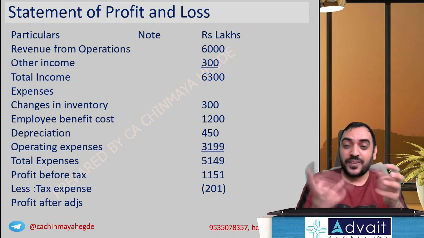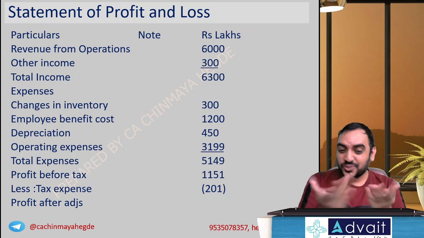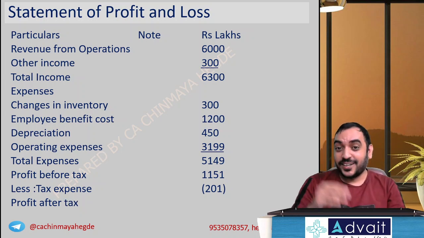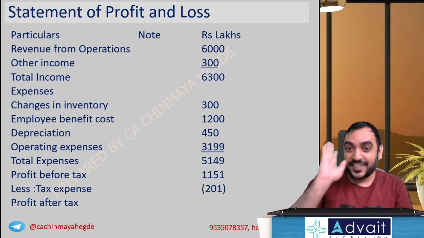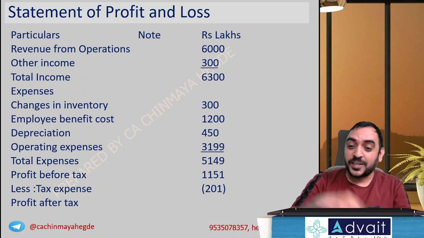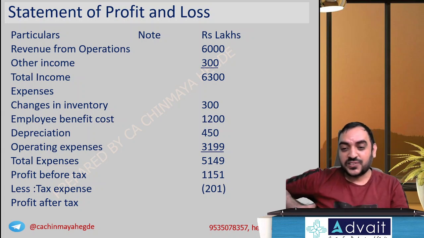So one income, one expense, both nullified each other. So the profit is the same as given in the problem because of that coincidence. The mutual 300 set-off is a compensating error.